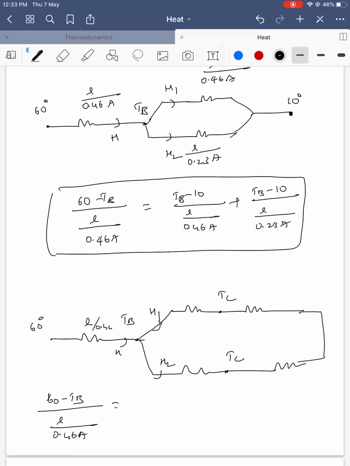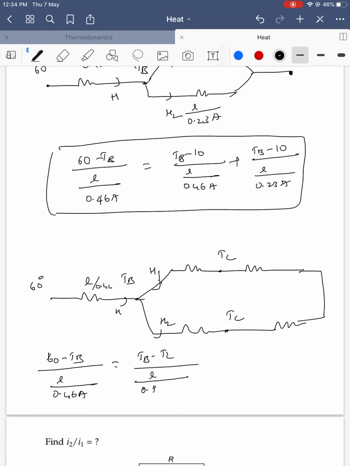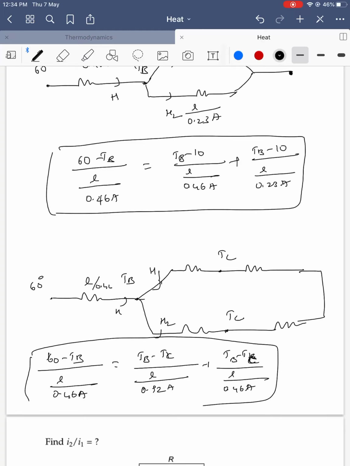H1 is equal to TB minus TC by L by 0.92 into A, plus H2 is equal to TB minus TC by L by 0.46 into A. Get the value of TC from these expressions. TB you already calculated before, so substitute the TB value here to get the TC value.